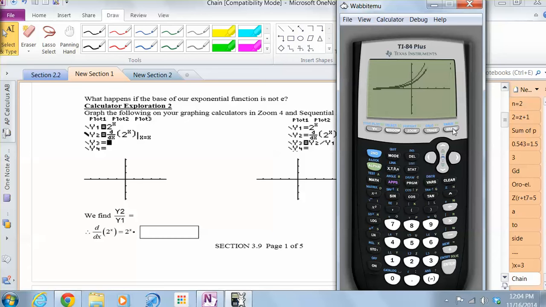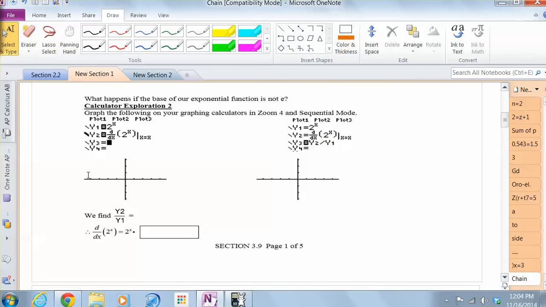So 2 to the x looks like this. Okay, let me erase that. Sometimes there's a bit of a lag with my laptop. And then the blue curve will look like this, where I'm making this blue and I'm making the first one red.